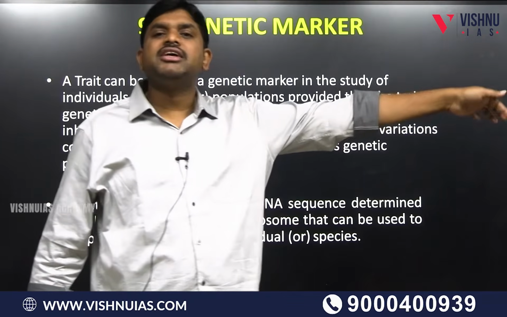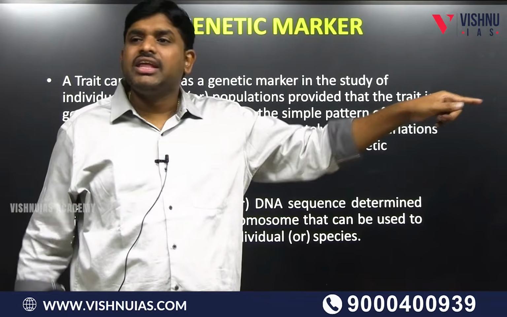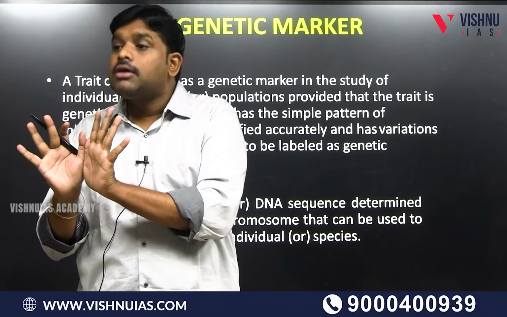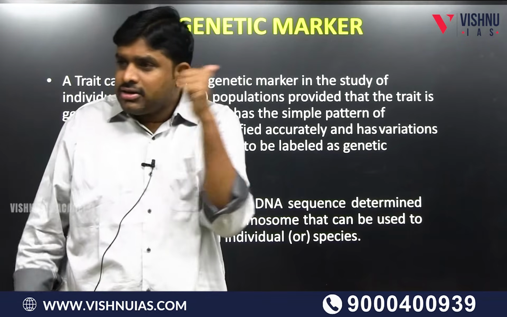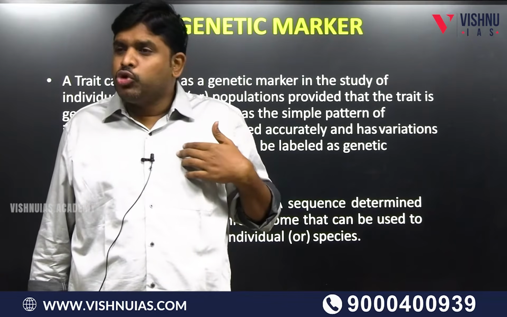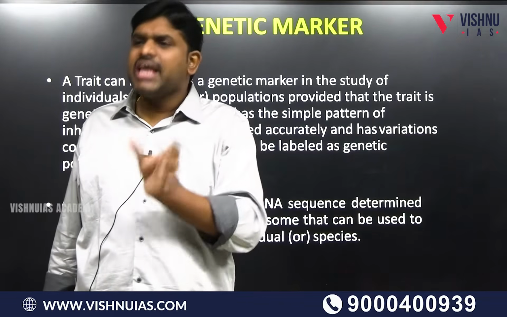Because of something that happened in the history. So, that history is called the gene and the outcome which is coming out is called the marker. In my blood, whatever may be the blood group, if my blood group is A, that blood group A is nothing but antigen A.